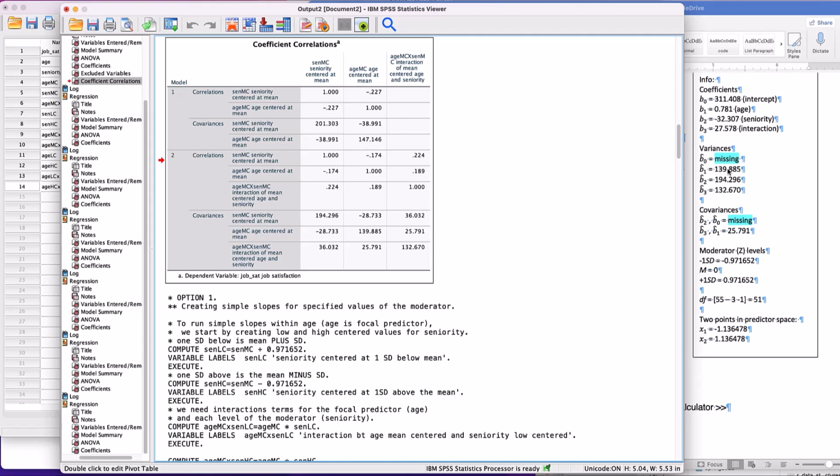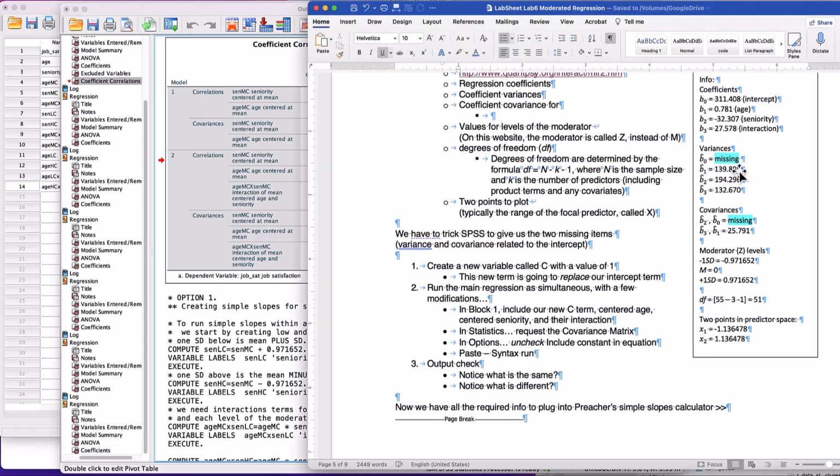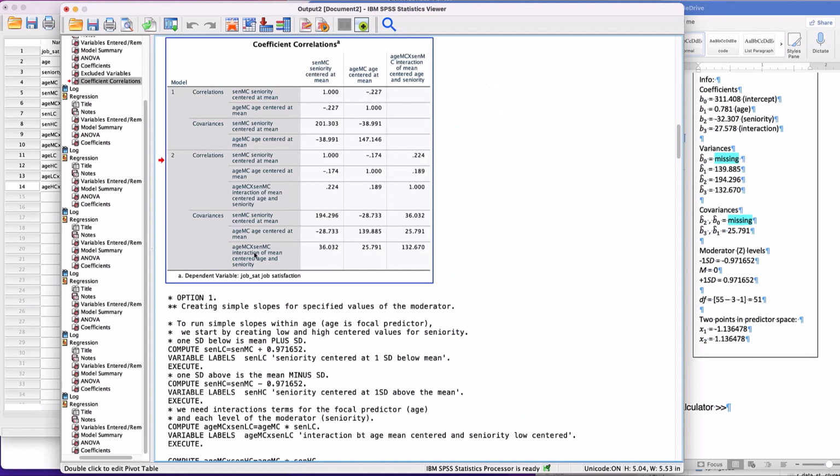And I put it in B sub 1 because that's what age is, B sub 1. And then the coefficient for the interaction term, B sub 3, the variance would be the interaction term by the interaction term right there, 132,670.